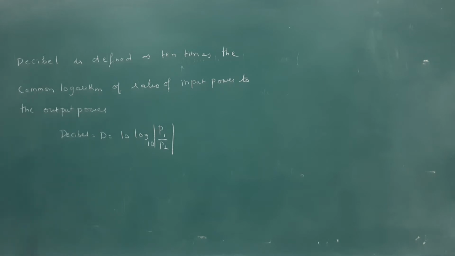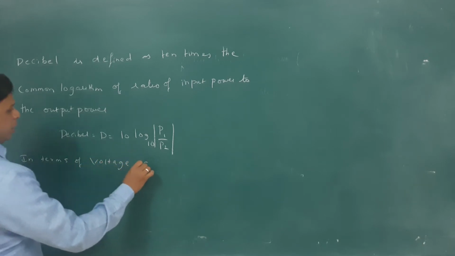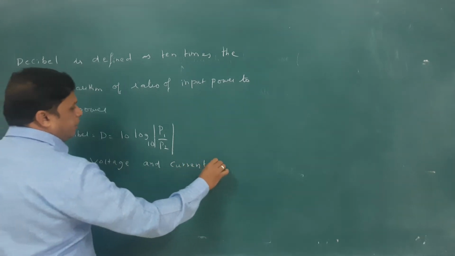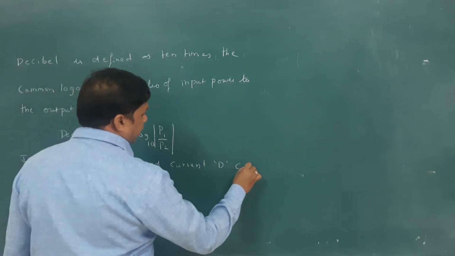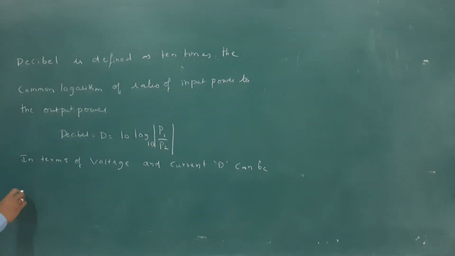Also the decibel can be expressed in terms of the ratio of voltage and current. In terms of voltage and current, D can be expressed by the equation given here.